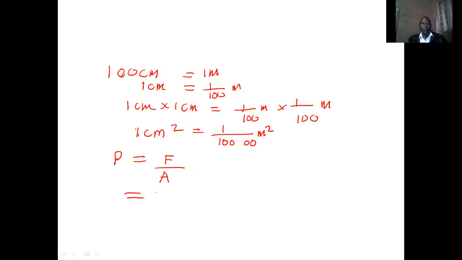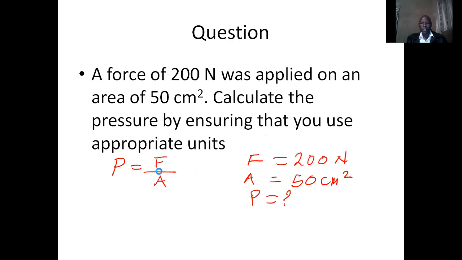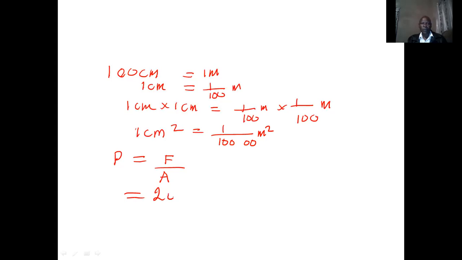Therefore, pressure is equal to force over area. The force here is 200 newtons over the area.